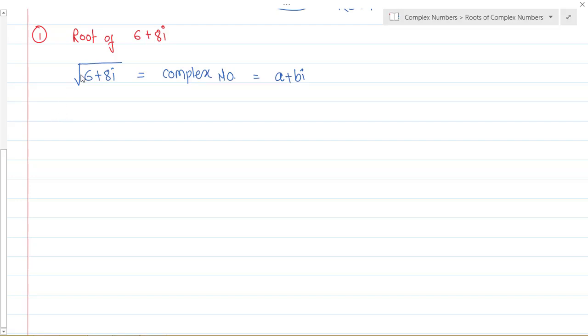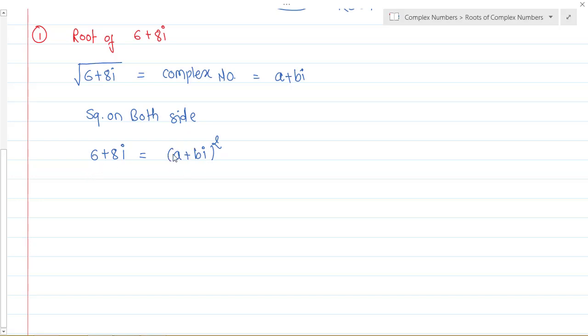By the definition of the square root, we do squaring on both sides. Squaring on both sides, what will you get? The square root of 6 plus 8i equals a plus bi, so squaring, 6 plus 8i equals a plus bi whole square.